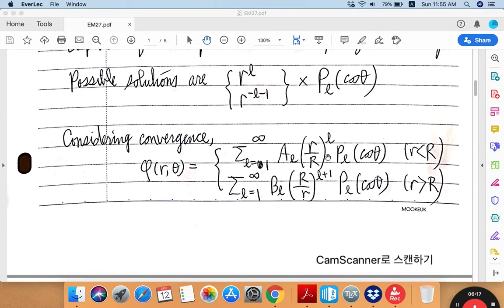So for distances less than the radius of the ring, we have this expansion, and for distances larger than the radius of the ring, we have the other expansion. Both are designed to ensure that you don't have a diverging potential anywhere in their respective spaces.